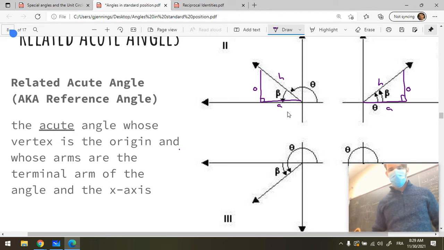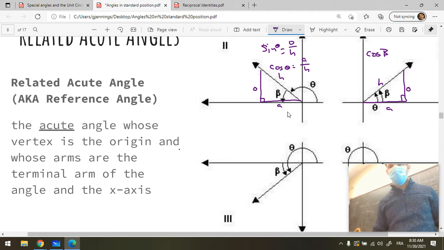And just to review here, for angle theta, sine would be opposite over hypotenuse. And the opposite would be the same as this opposite over here. So the sine beta is equal to sine theta. This is sine theta. And then cosine theta would be adjacent over hypotenuse. And that would be the same as the negative value of cosine beta.